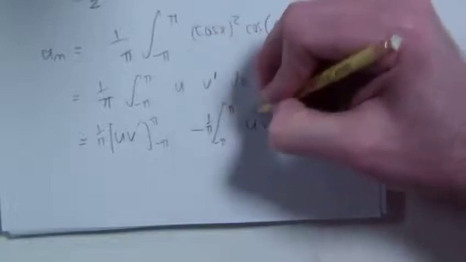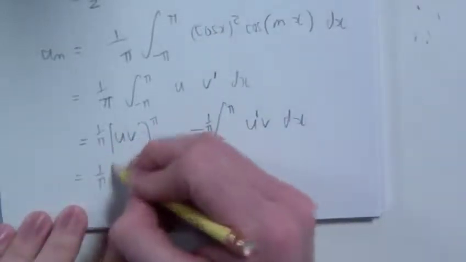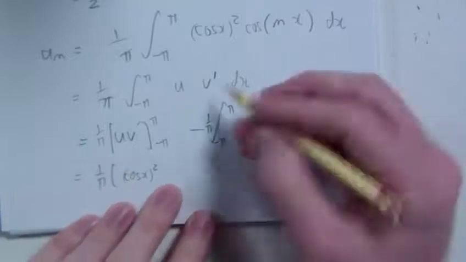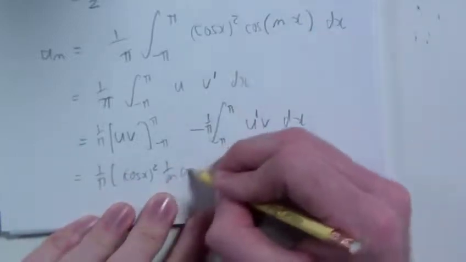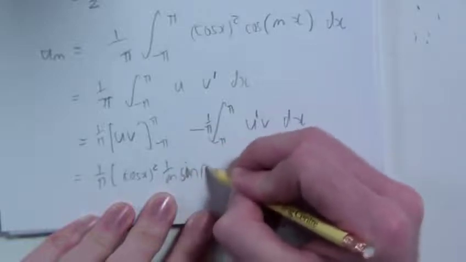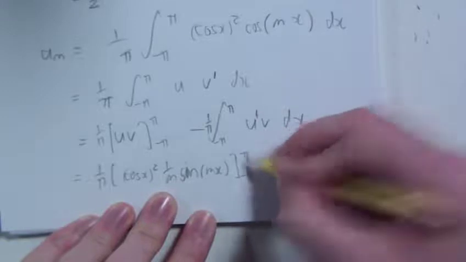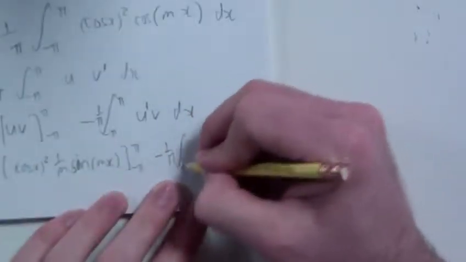So if I differentiated the u, what do we get? The u is cos squared and it's still a cos squared. And the v, I have to integrate that cos, which will become a sine.